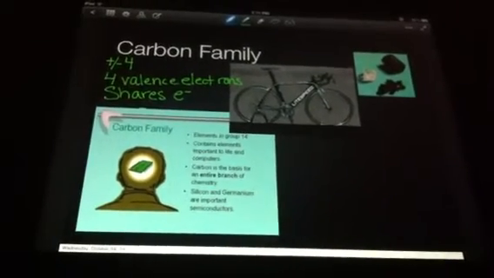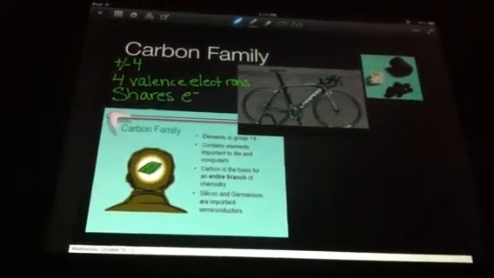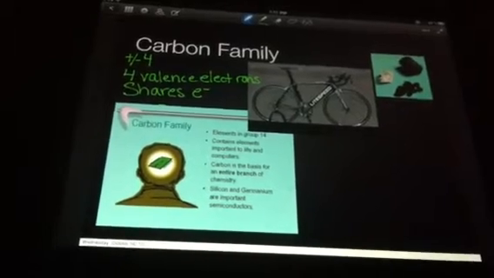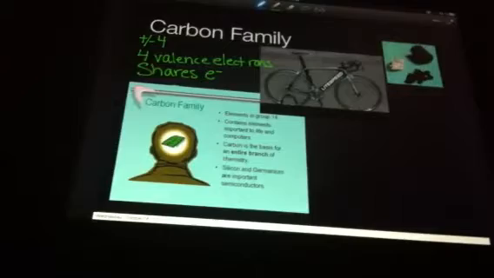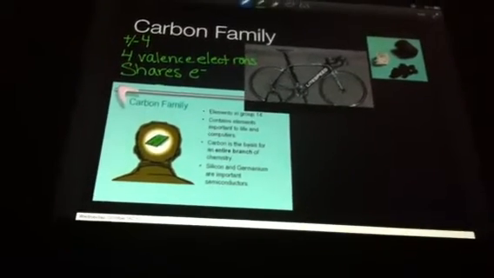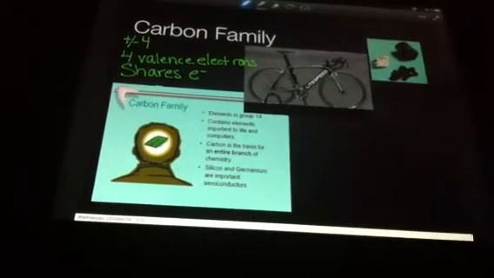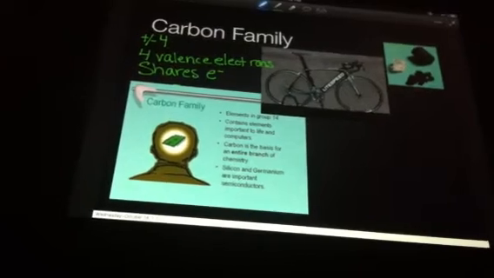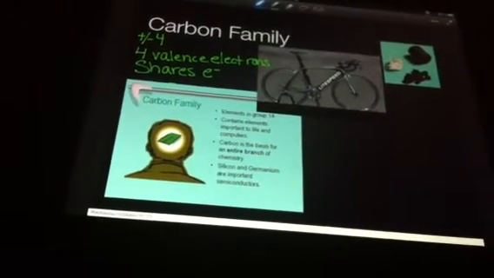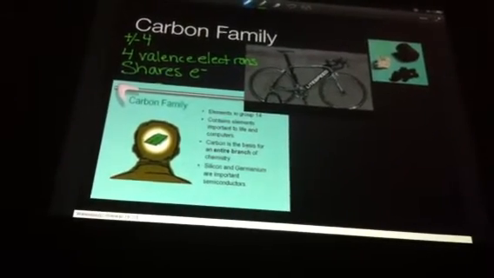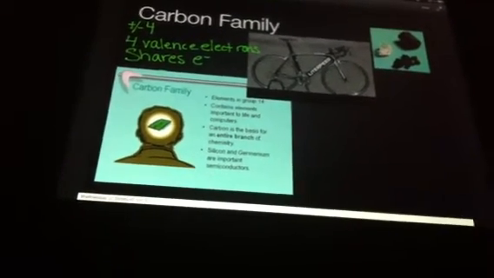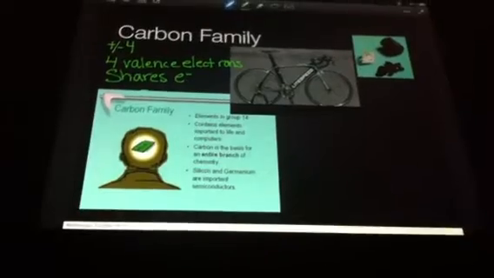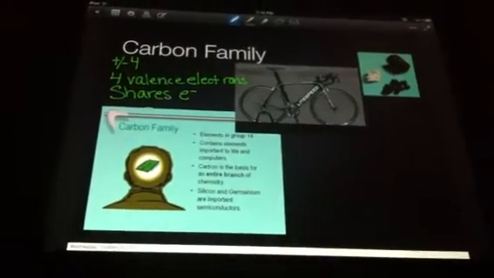I have ±4 because there's really not a charge associated with it because it's in the middle. It's going to share its electrons. It's a happy person and likes making people happy. One thing I did put up here was the bike because carbon has been used with carbon fibers to make bikes even lighter. Silicon and germanium are important in this group. They are important semiconductors, so the computer industry really looks at this.